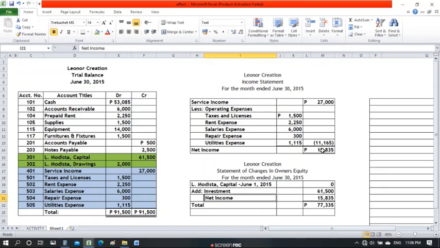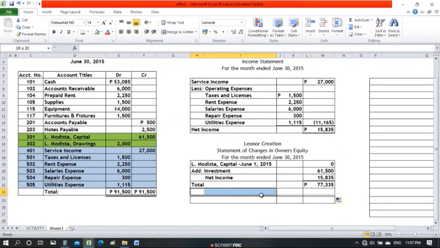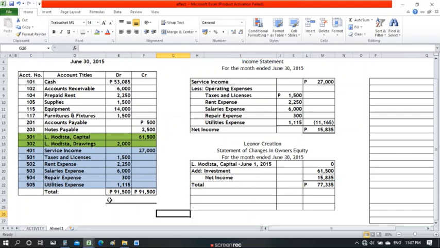And then the net income, dito natin siya kinuha result ng income statement. And then we get the total. Guhit siya.